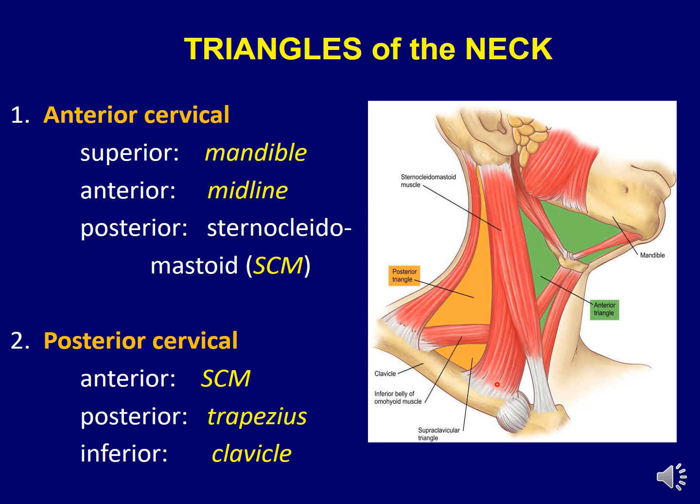The anterior cervical triangle is bounded superiorly by the inferior border of the mandible, anteriorly by an imaginary midline, this one, and posteriorly by the sternocleidomastoid muscle. The posterior cervical triangle is bounded anteriorly by the sternocleidomastoid muscle, posteriorly by the trapezius muscle, and inferiorly by the clavicle.